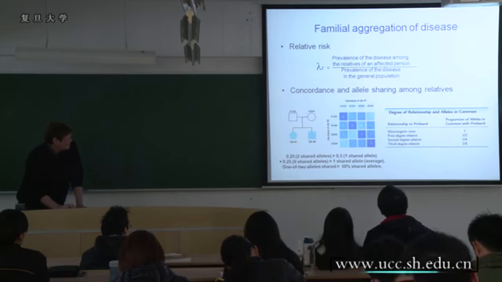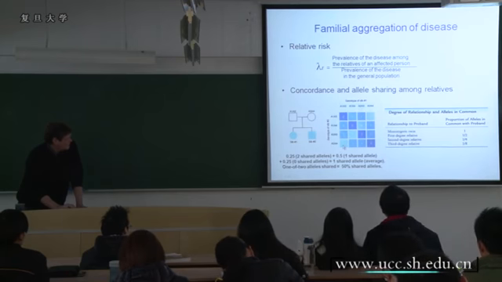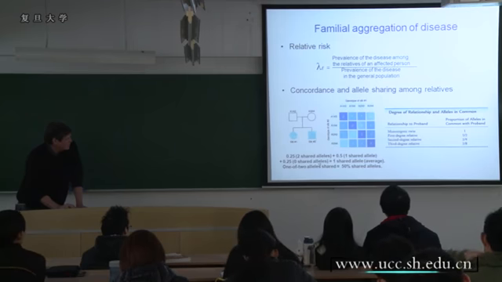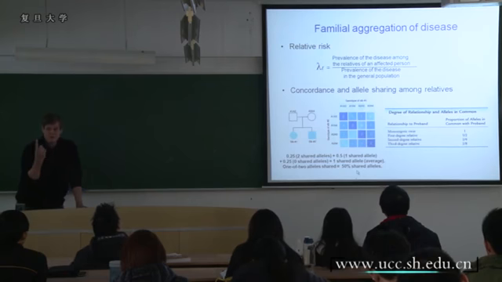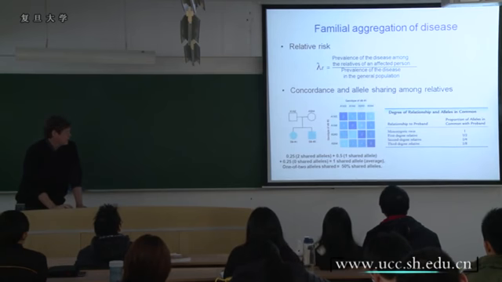And the possibility of having no shared alleles is 1/4, 0.25 times no shared alleles. So if you multiply these together, you find in sum there's an average of 1 shared allele. Now, every person has 2 alleles at any locus, so if there's 1 shared on average, that means on average the siblings share half of their alleles.